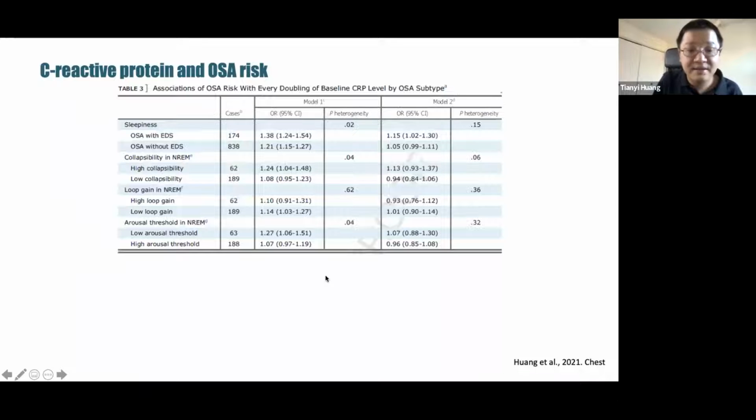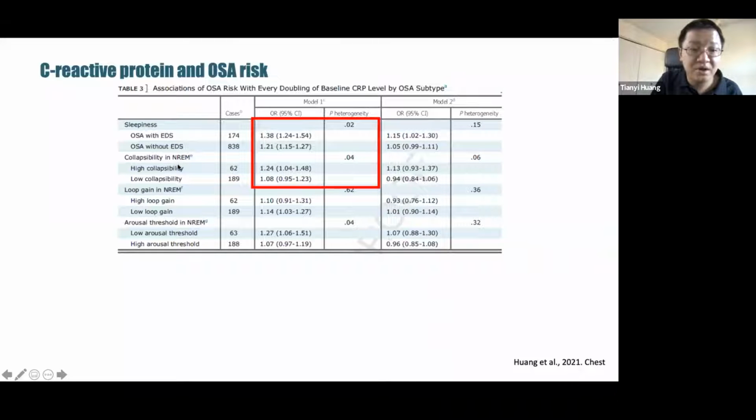As I just described, based on those experimental studies, inflammation may be particularly relevant for sleep apnea with concurrent daytime sleepiness, or inflammation may promote sleep apnea occurrence by increasing airway collapsibility. So I did another analysis looking at whether the association between C-reactive protein and sleep apnea differed by sleep apnea subtypes. Interestingly, CRP was more strongly associated with sleep apnea with concurrent daytime sleepiness compared to those without daytime sleepiness.